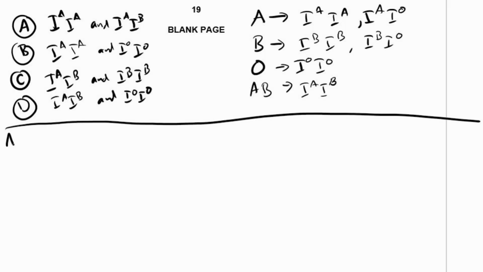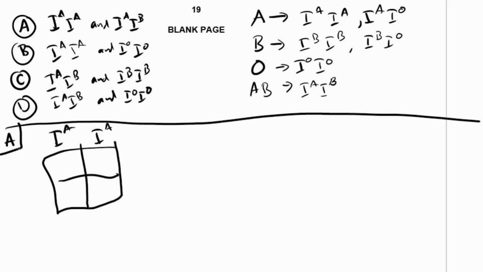Okay, so let's do the first cross, for A. We have our little Punnett square. I know it doesn't have to be perfect, you're just sketching it. IA IA by IB IB.